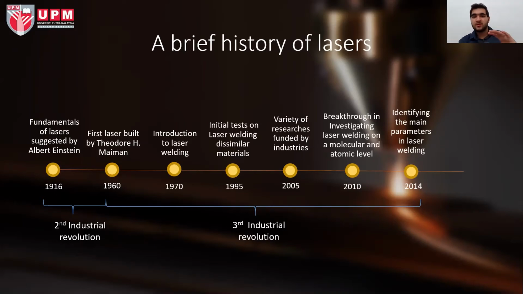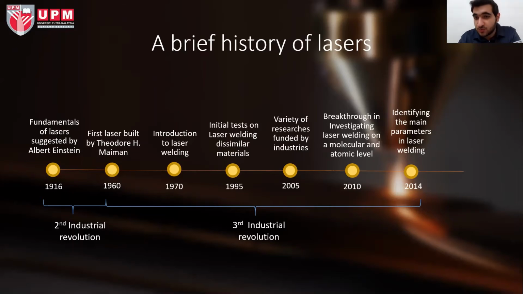So at this point, we can see that laser welding definitely served its purpose of achieving industrial solutions. However, from this point forward, it was much more than just achieving industrial attributes. People were researching it to understand what actually happens when we fuse or bond two materials using lasers.